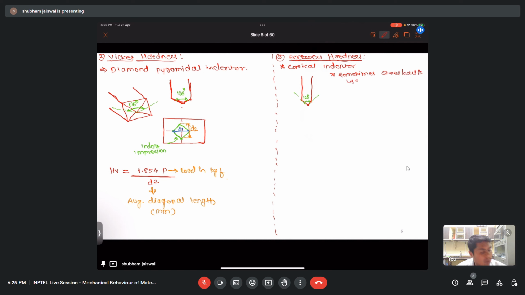So we have the different scales of Rockwell hardness like A, B, C, and the load and indenter type change with the scale.